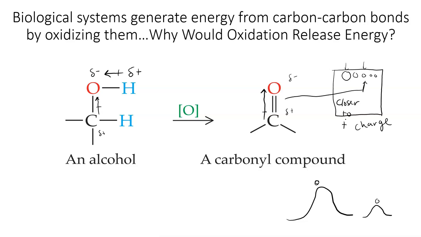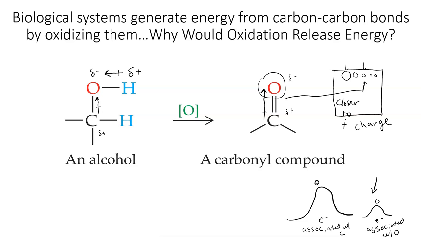So if I have this, this would be the electrons associated with carbon versus electrons associated with oxygen. And when we have more bonds to oxygen, where the electrons are actually closer, they're at a more stable state, they have a lower potential energy, and that's actually how this energy is kind of harnessed.